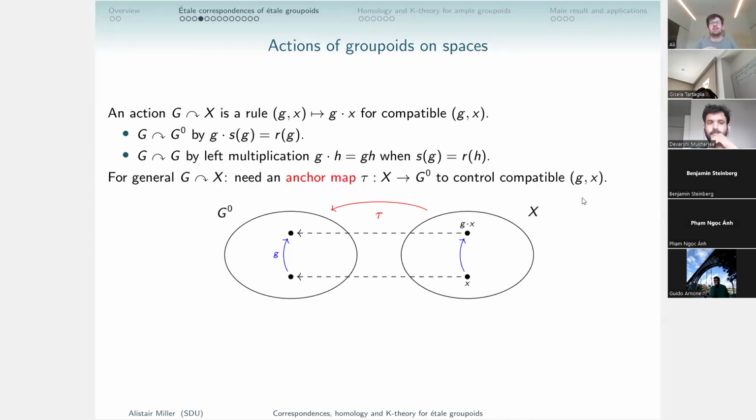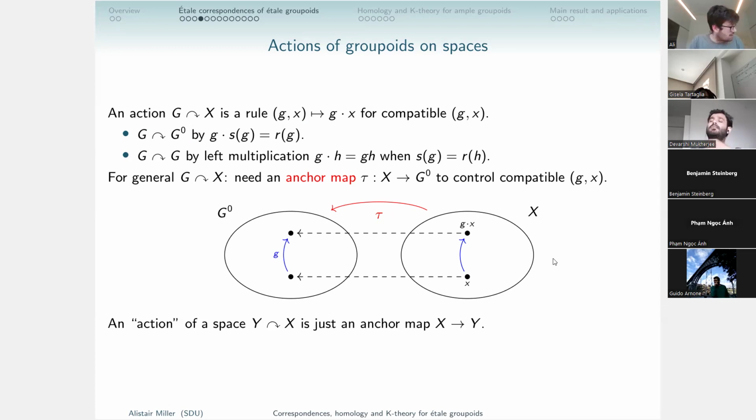In general, this is going to be controlled by something called an anchor map. So if you want your element G to act on your point X, you need that X to be mapped down to the source of G under the anchor map. And then you make sure that G.X maps down to the range of G. And in every other way, it's just like group actions, so there's no point going over those.